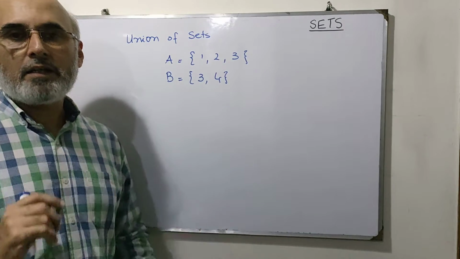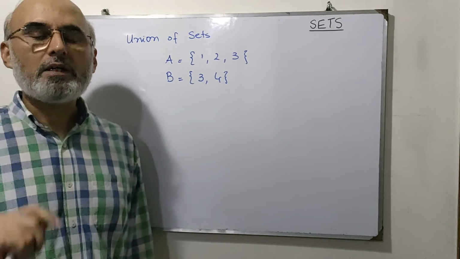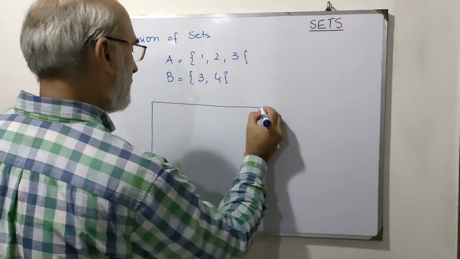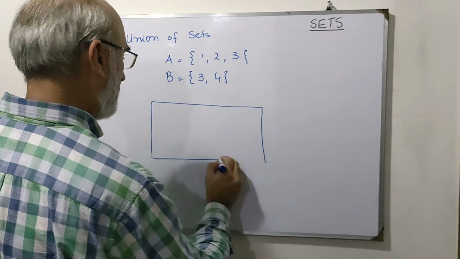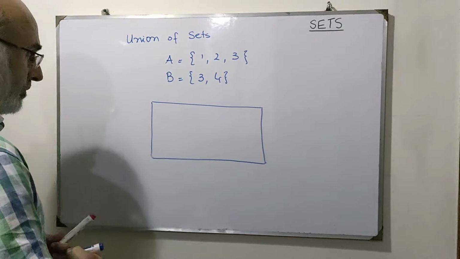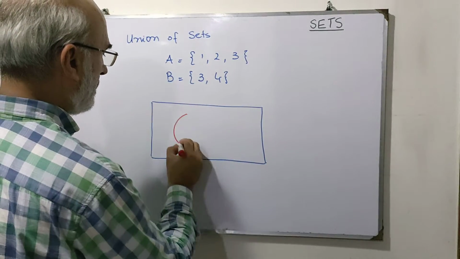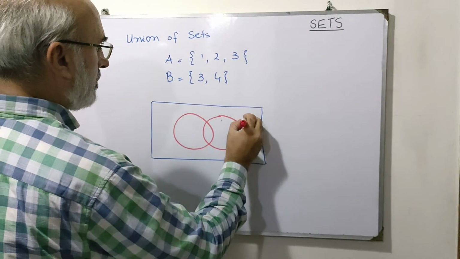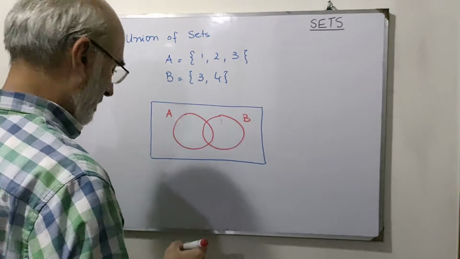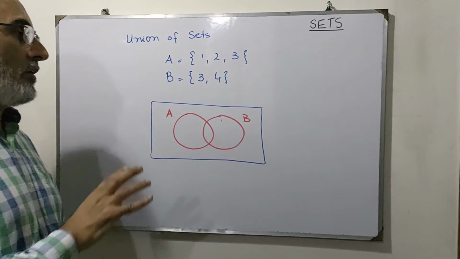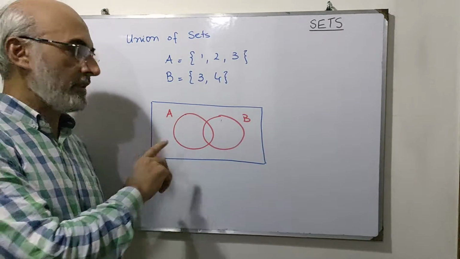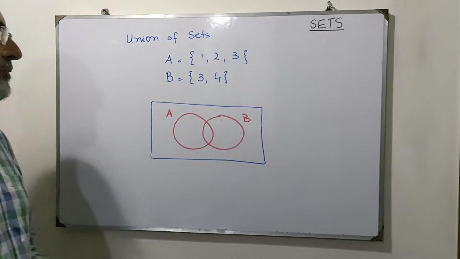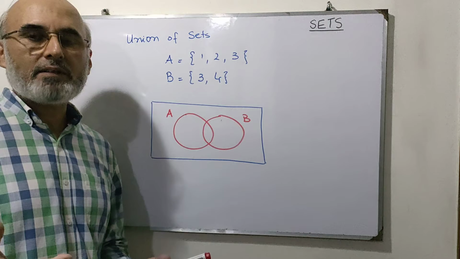Now let's represent this with the help of a Venn diagram. Now these are our two sets A and B, and of course the rectangle is representing the universal set. Why have I drawn overlapping circles?